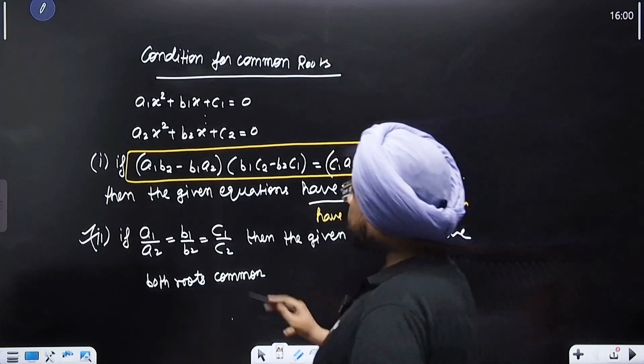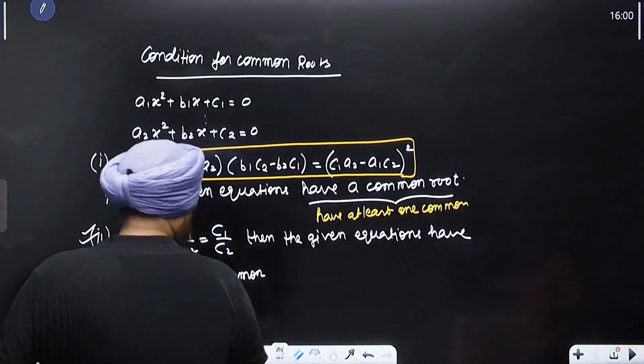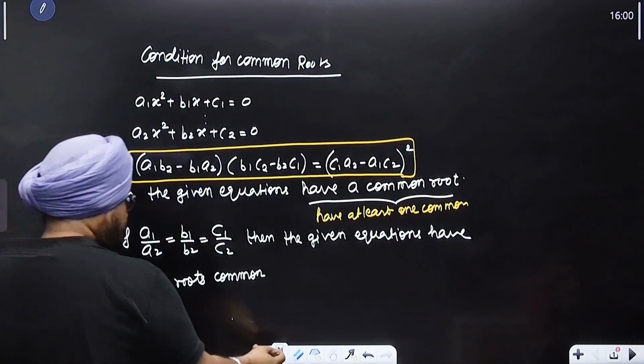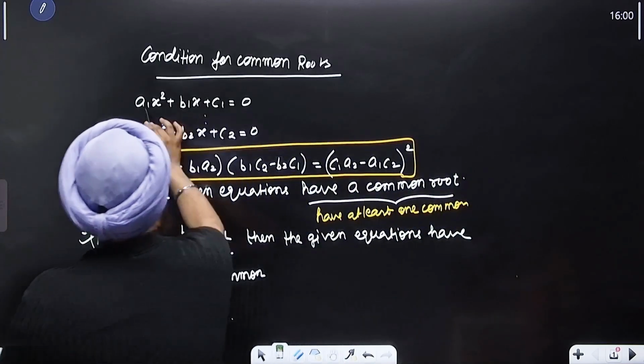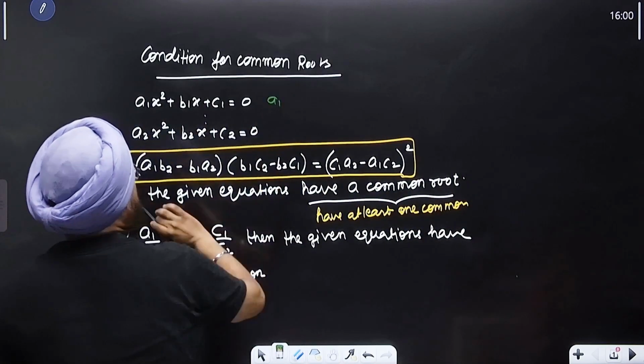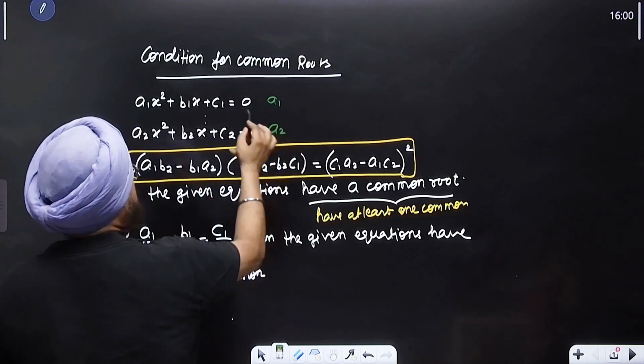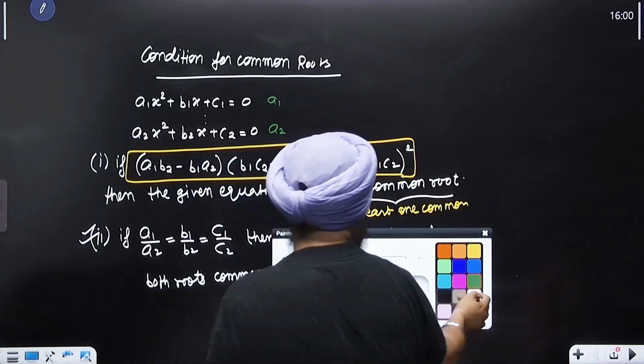A trick to remember this condition is you can write down the coefficient of x square and coefficient of x square in the second equation.